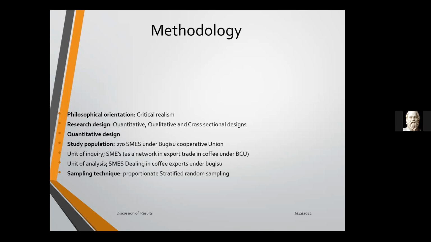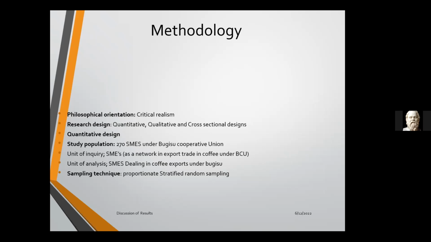It wasn't very clear to me whether you were studying a case, using Bugisu as a case, because there are so many other cooperative societies, but you took Bugisu. But at the same time, you're talking about SMEs. Are these SMEs under Bugisu? This could be individual farmers.